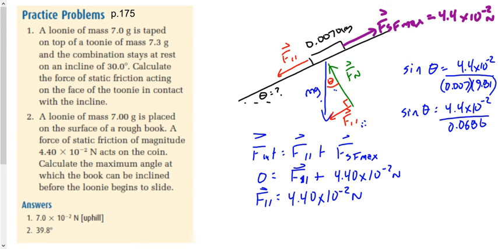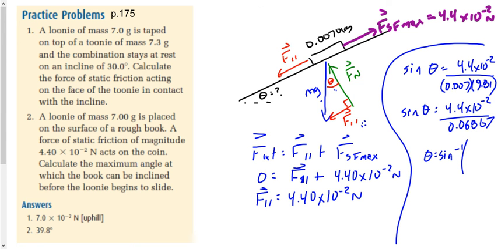So, and now we're going to say theta is equal to the inverse sine, second function sine of those numbers here. So let's say second function sine 4.4 over 0.06, and we should end up, I think, with 39.8 degrees there. Anybody get that? You might do it differently and get the right answer, that is.